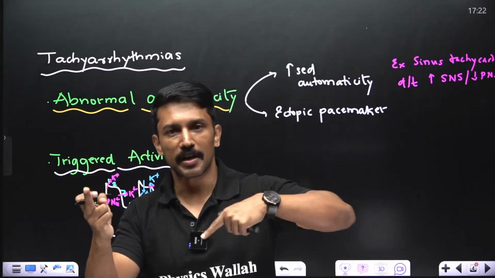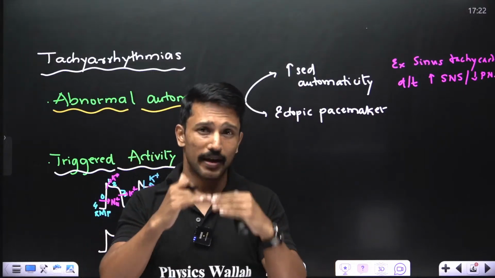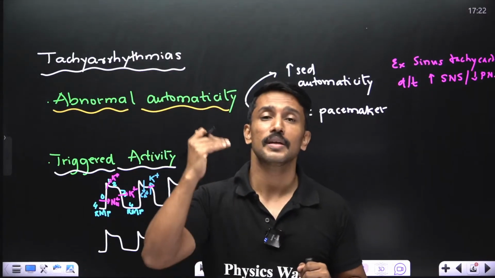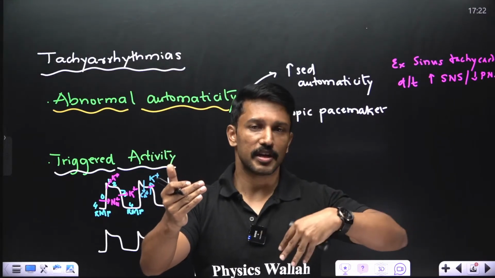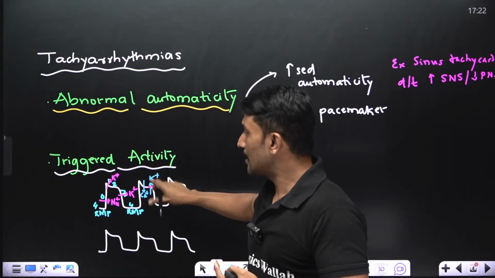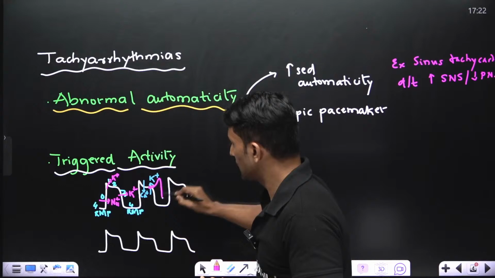And calcium entering is causing depolarization, and because both of them are balanced, we are maintaining the membrane potential. But now I have blocked the potassium leaving the cell. So in that case, calcium entering the cells will trigger another event of depolarization. So here I will start seeing another episode of depolarization.